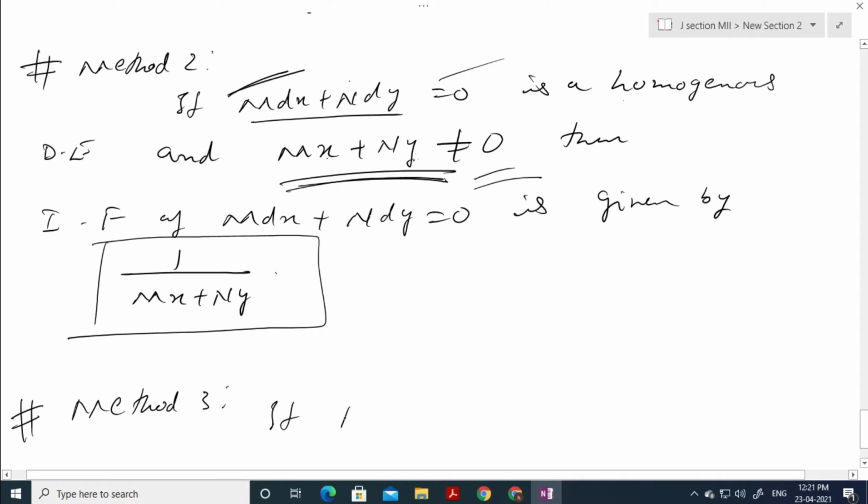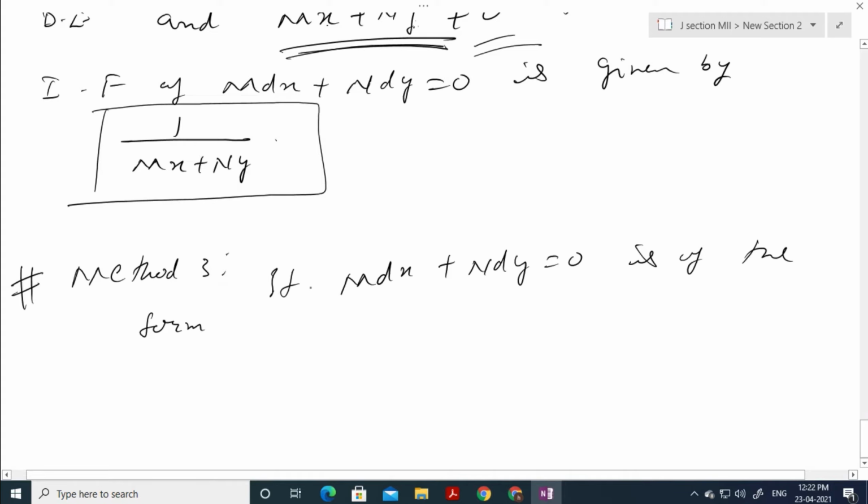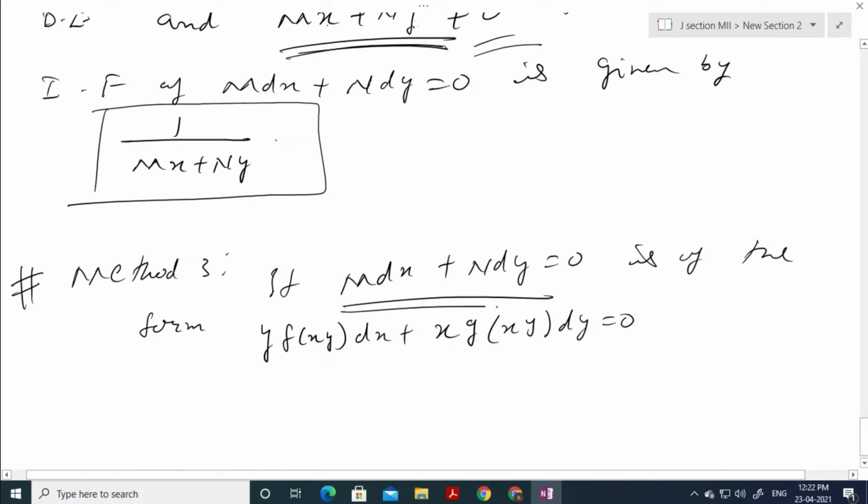If m dx plus n dy equal to 0 is of the form y into f of xy dx plus x into g of xy dy equal to 0, that means this given differential equation should be of this form.